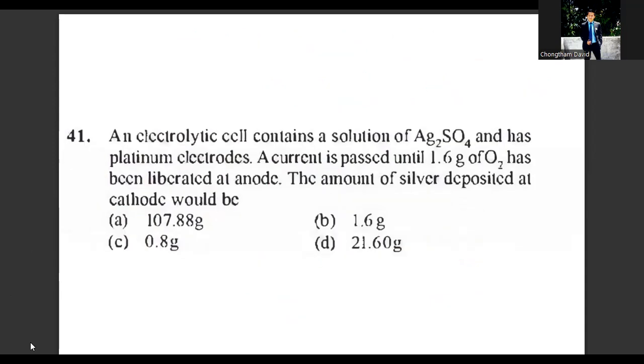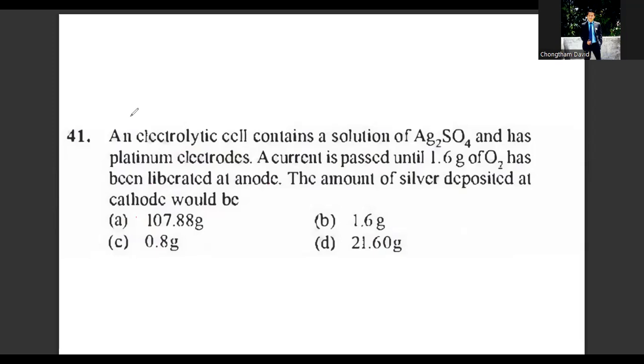Let's see question number 41. An electrolytic solution contains a solution of silver sulfate and has platinum electrodes. A current is passed until 1.6 gram of oxygen has been liberated at the anode. The amount of silver deposited at the cathode would be.